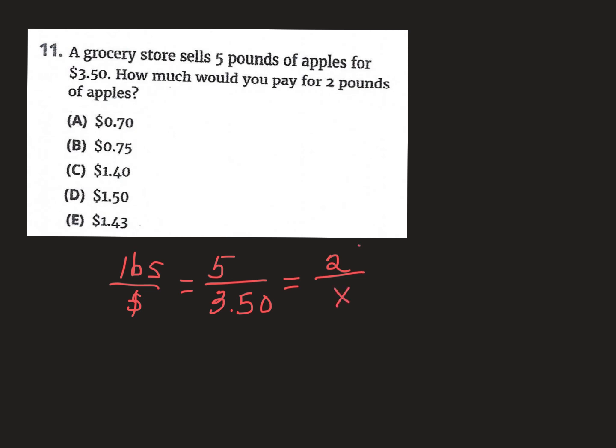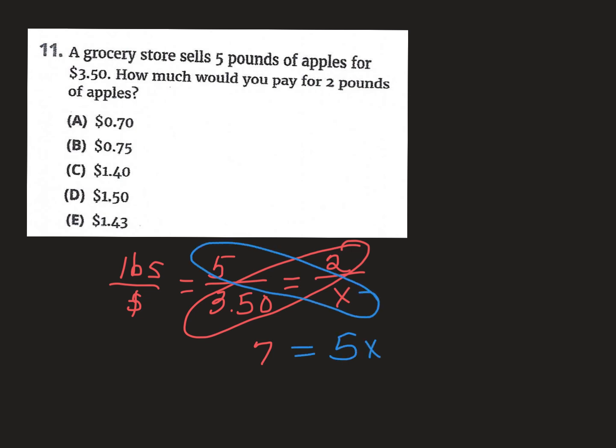So then again, we're going to cross multiply. 3.50 times 2 is 7. And then cross multiply 5 and X equals 5X. Divide both sides by 5. X will equal $1.40.